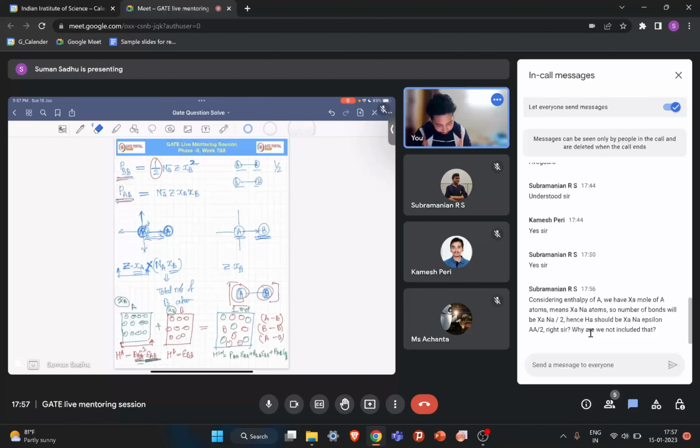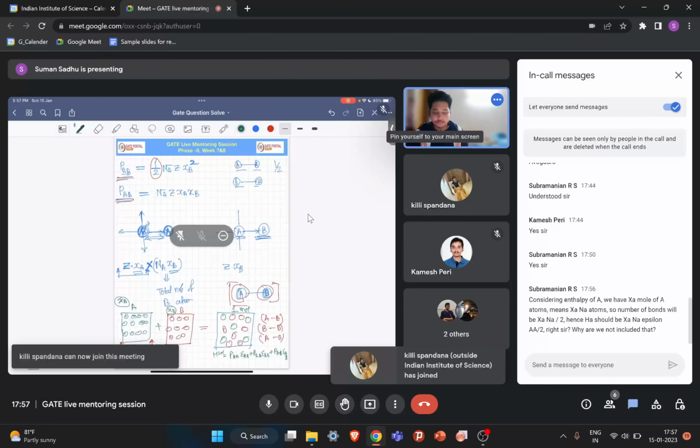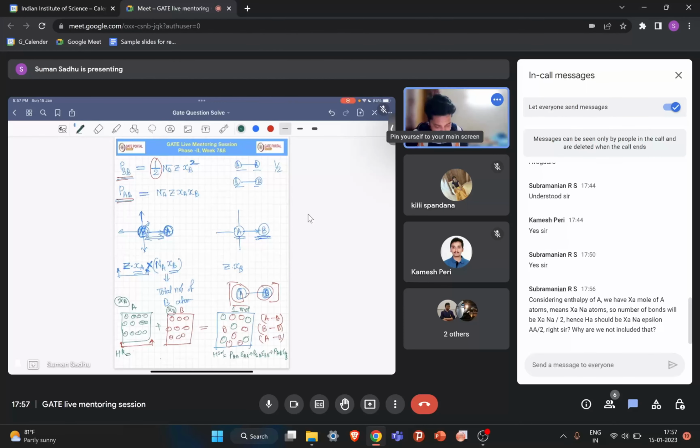So you are right. In this case, your H of A will be NaXA by 2, because we are considering the bond, and then epsilon AA. Now it is right, I guess.